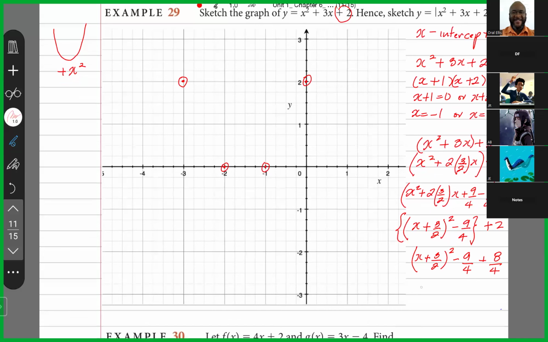So we end up with x plus 3 over 2 squared minus 1 over 4.